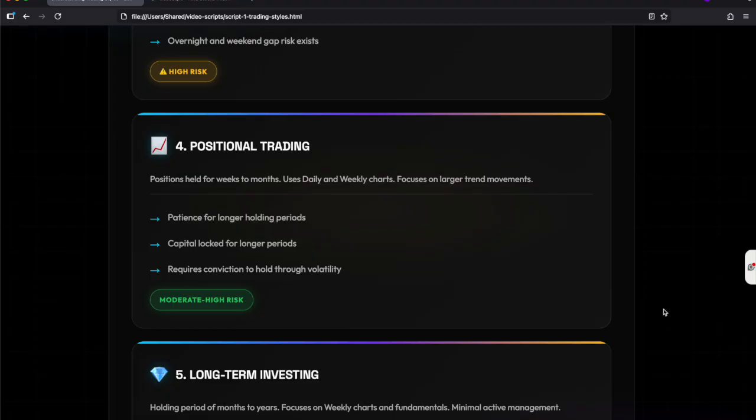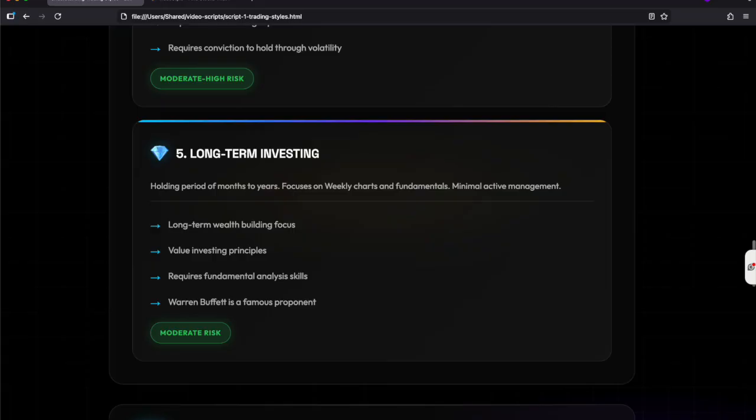Now the last but not the least is long-term investment. Here the holding period can go from months to years, focusing on weekly charts and fundamentals, very important here, with minimal active engagement. So who typically does this? Long-term wealth builders, those following value investment principles.